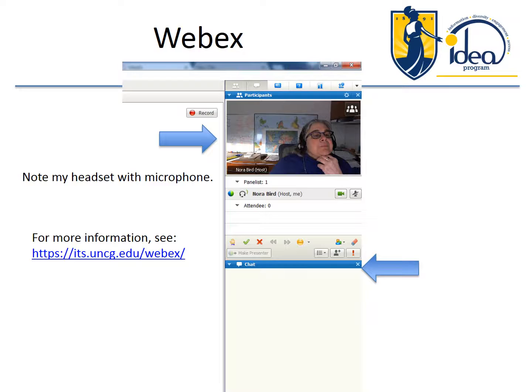Here's me using the WebEx system. Note my headset with a microphone. Why use the headset with a microphone? Because it blocks out exterior noise. Your dog barking, if you're in an online class, and other extraneous noise.